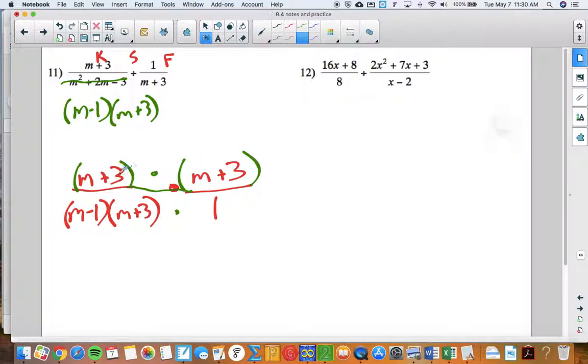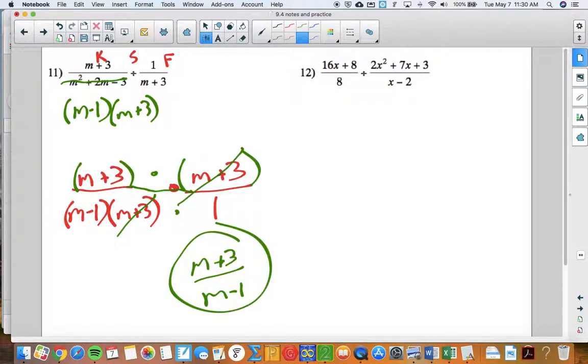So now we cross reduce. One of the m plus 3's on top, doesn't matter which one, gets canceled with the m plus 3 on the bottom. So we have m plus 3 divided by m minus 1. There we are.